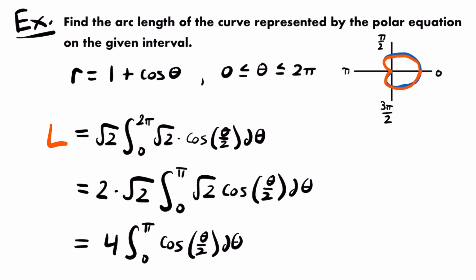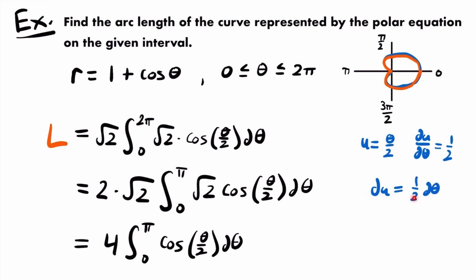We need to set u equal to this inside function of cosine and then rewrite our integral in terms of u. So let u equal theta divided by 2, which means that du d theta, the derivative of u with respect to theta, will be 1/2. And then if we multiply both sides by d theta, we'll have that du is equal to 1/2 times d theta.